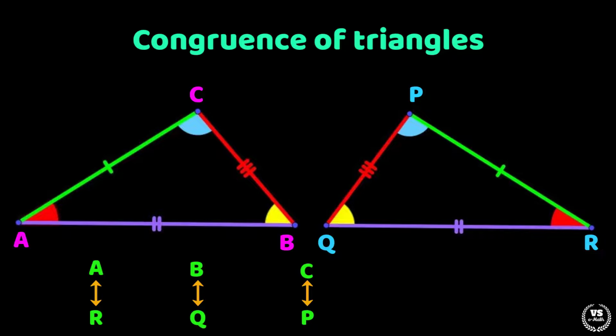Because the relation of congruence between two triangles should always be written in corresponding or matching parts in proper order. If you name the first triangle as triangle ABC, then the second triangle should be triangle RQP only, and it can be written as triangle ABC congruent to triangle RQP.